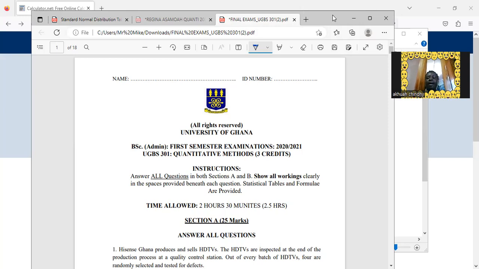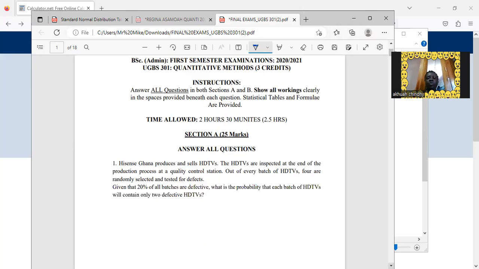You get it. So the first question that I want us to look at is this question. It says, Hisense Ghana produces and sells HD TVs. The HD TVs are inspected at the end of the production process at a quality control station.